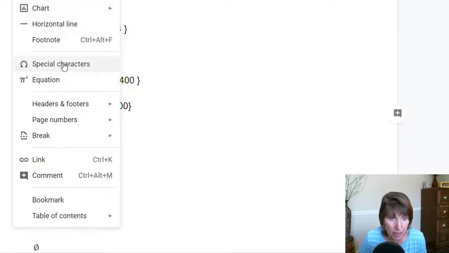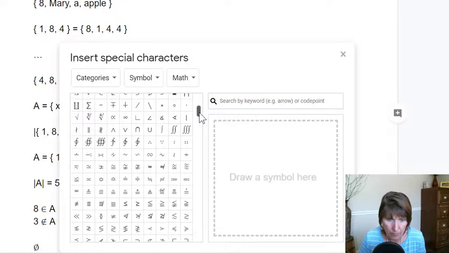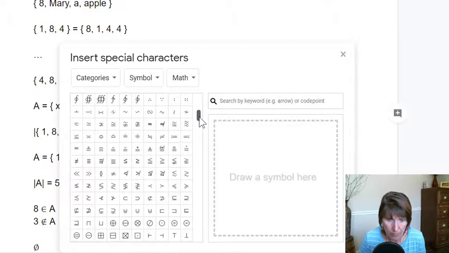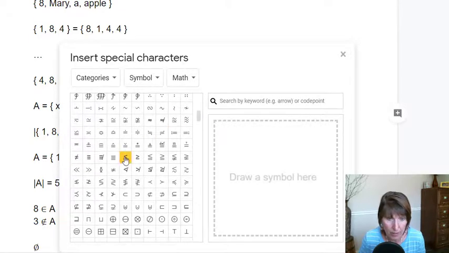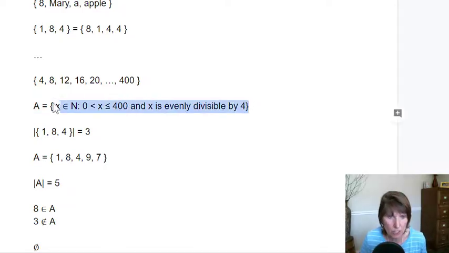Let me find that in my mathematical special characters. There it is. So it tells us the range, and x is evenly divisible by 4.